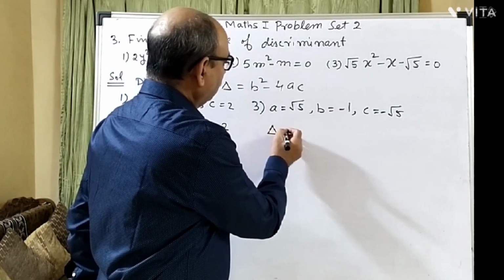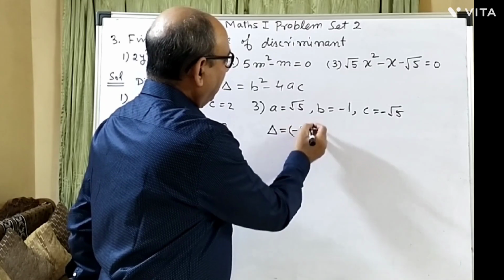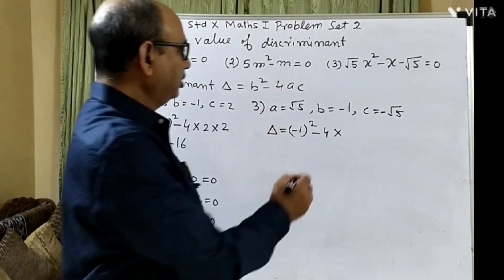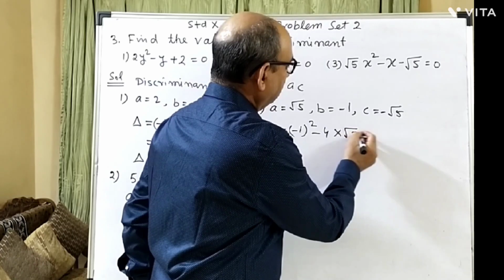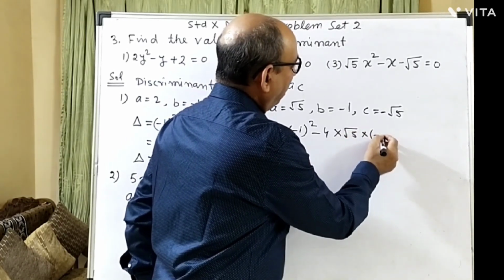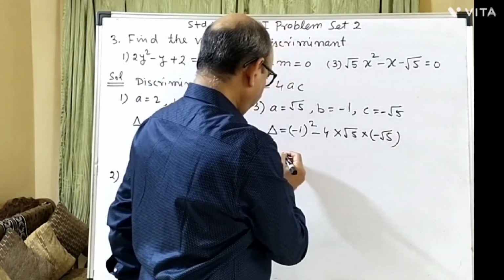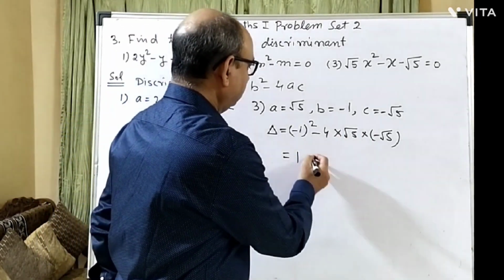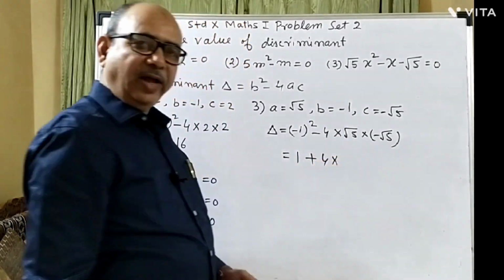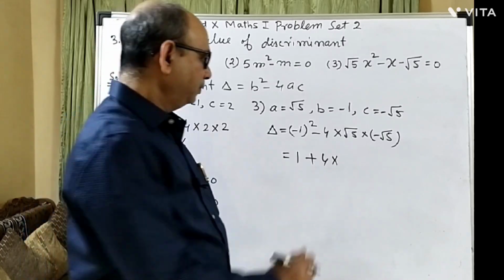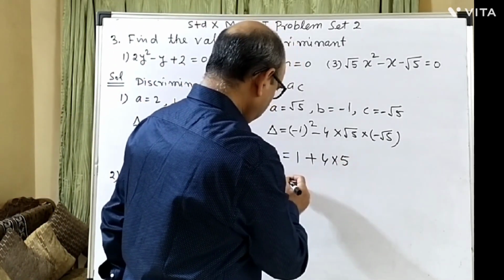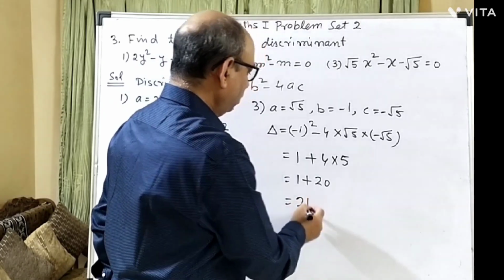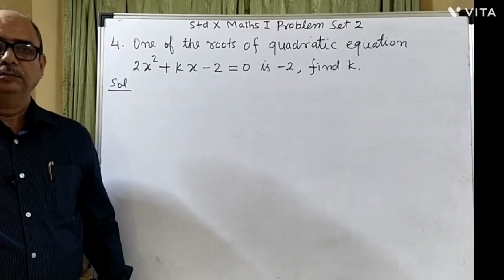Therefore, delta is equal to b square, minus 1 square, minus 4 into a is root 5 into minus root 5 is equal to 1. Minus into minus is plus 4. Root 5 into root 5 is 5. This is equal to 1 plus 20. This is equal to 21.